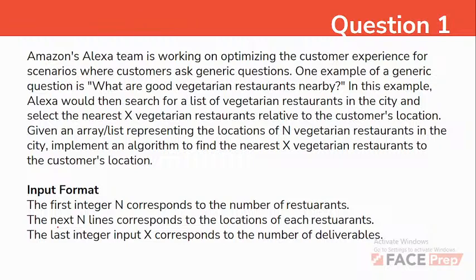So we have the location of both the customer and the restaurant. From this we will apply the distance formula: the square root of the sum of squares of the difference between the customer's x coordinate and the restaurant's x coordinate, and similarly the difference between the customer's y coordinate and the restaurant's y coordinate. This will give you the distance. After that, what am I supposed to find?